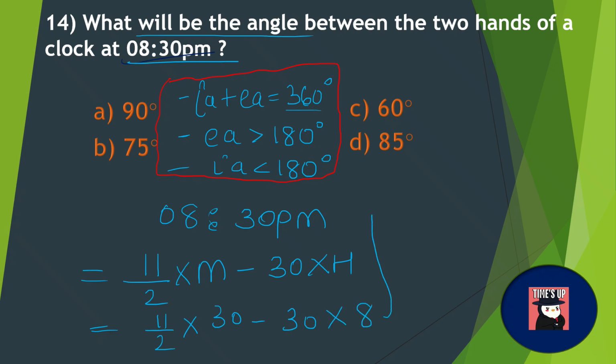So what will be the answer here? 2 ones are 15, so 11 into 15 is 165, minus 240. The answer cannot be negative, so it will be 75 degrees. 75 degrees is the right one. B is the correct option. Now the internal angle is 75 degrees, which is less than 180 degrees, so the answer is as it is, 75 degrees.